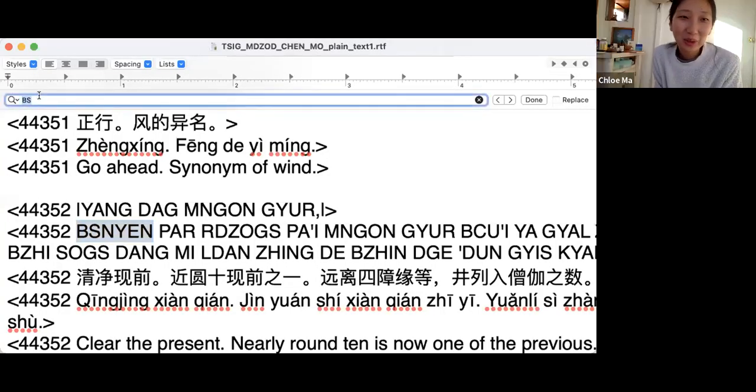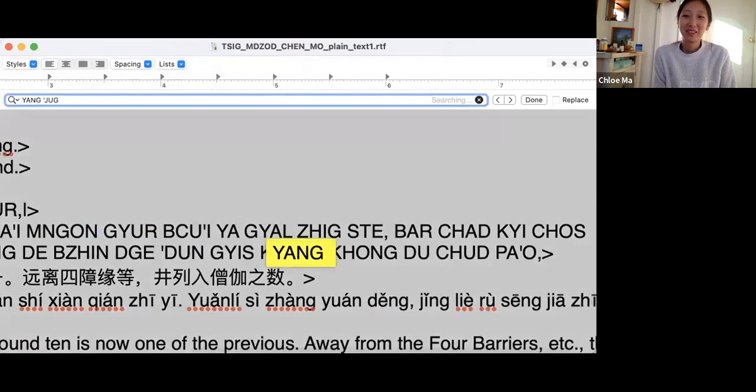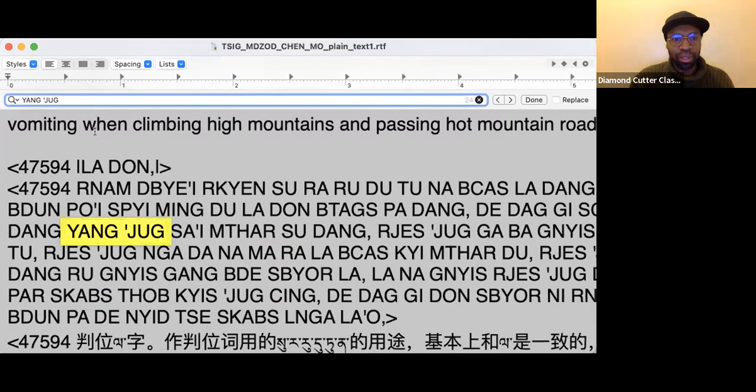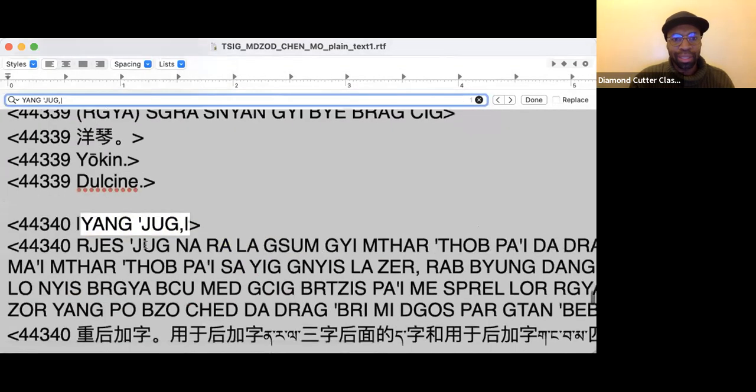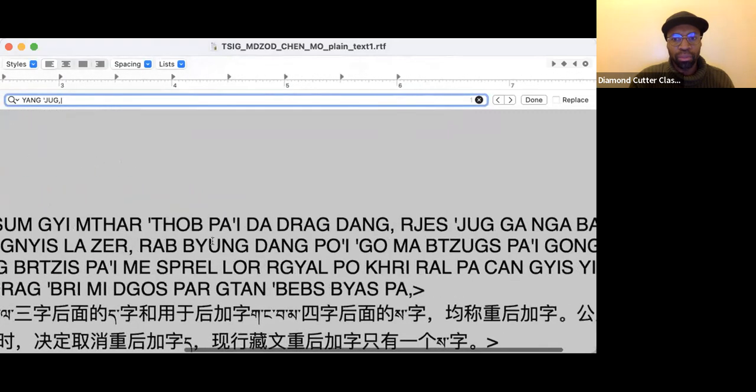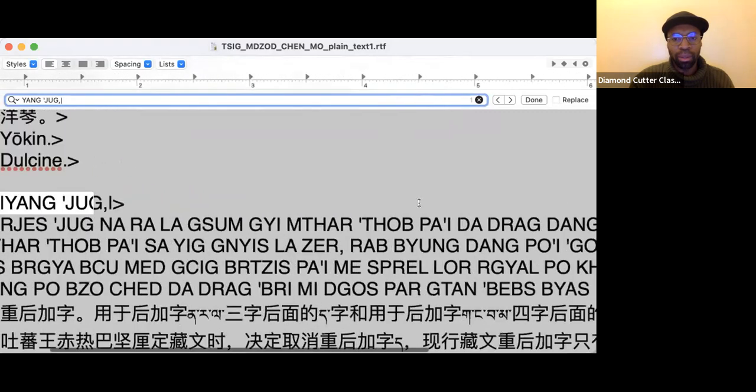There are actually rules. The sa secondary suffix can only come after certain other suffixes. I never memorized that, but look, I'll show you. They probably have the rule here. Yangjuk, Genjuk, ha. Yeah, here we go.